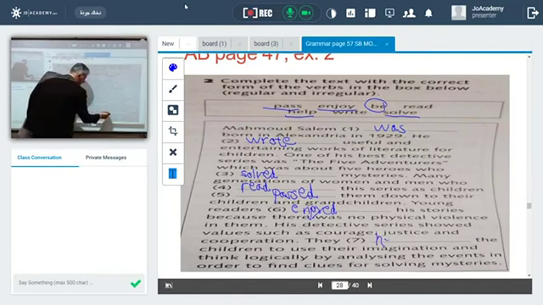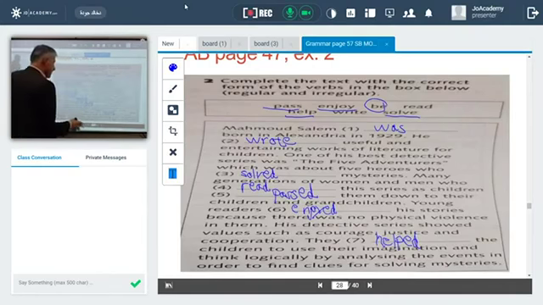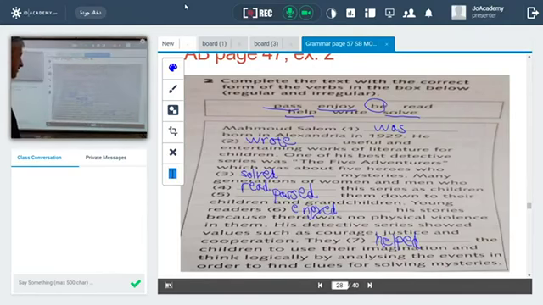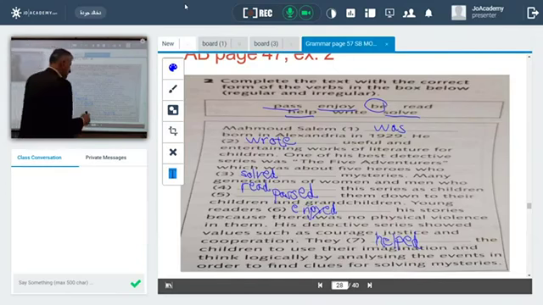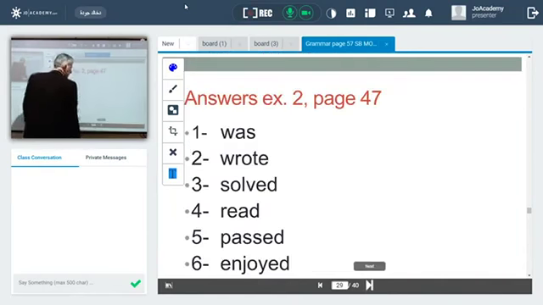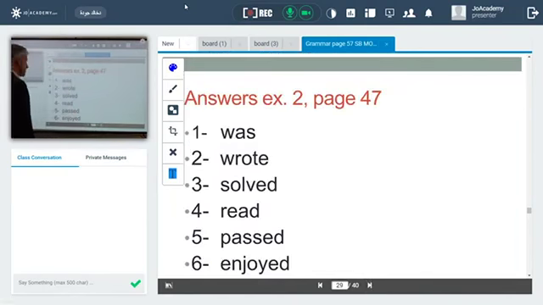Also this is a regular verb. Okay. They helped the children to use their imagination and think logically by analyzing the events in order to find clues for solving mysteries. Here are the answers, as you can see.